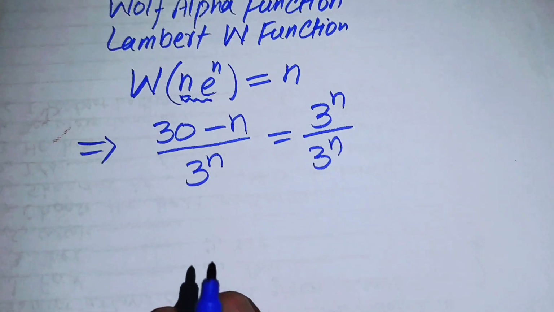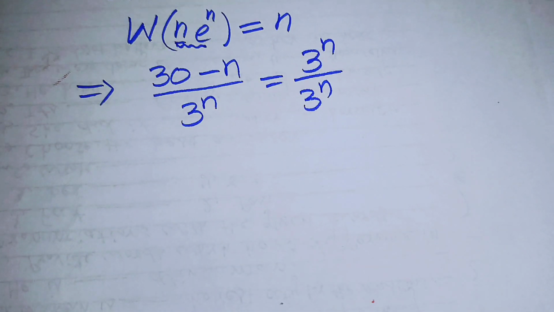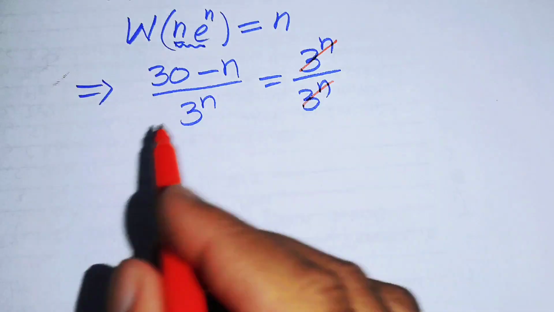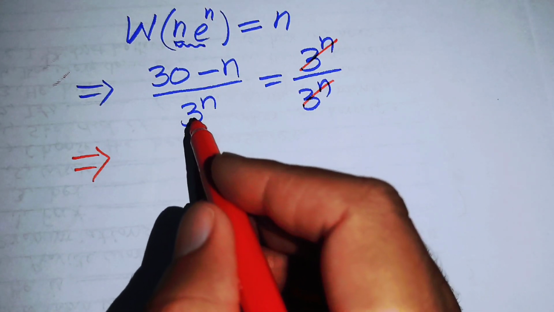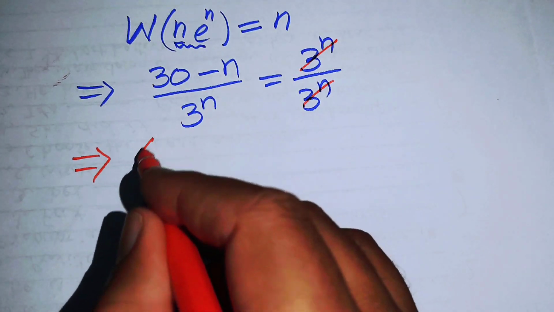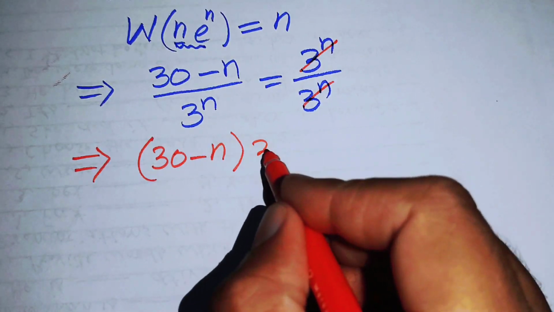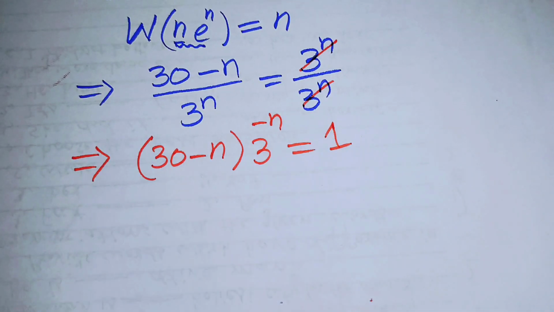So here you see that these two cancel each other, and now we can move this 3 to the power of n to the upside, and you will write it as 30 minus n into 3 to the power of minus n equals 1.